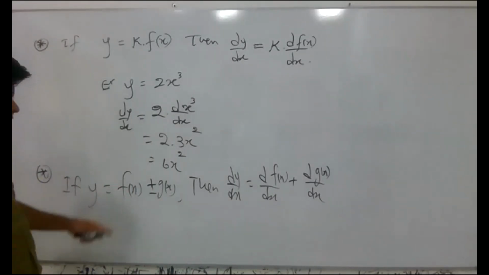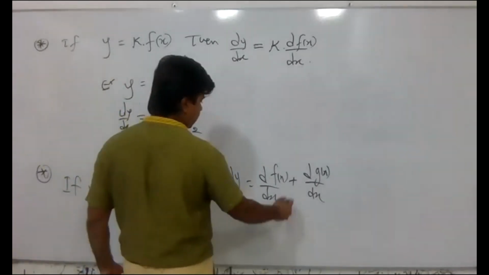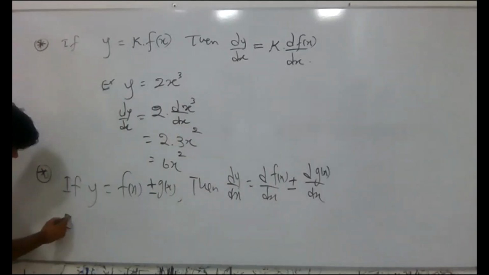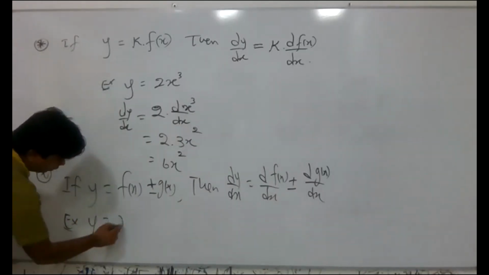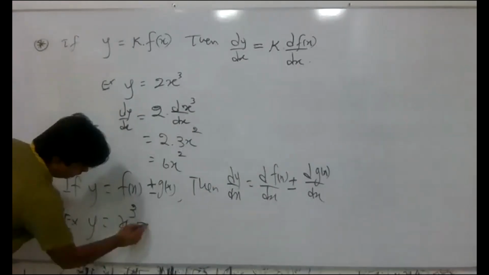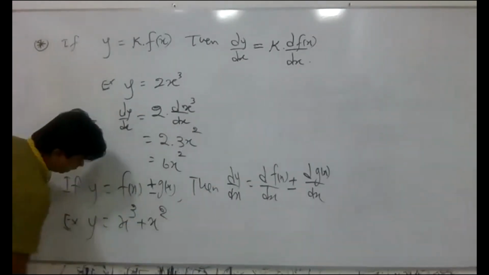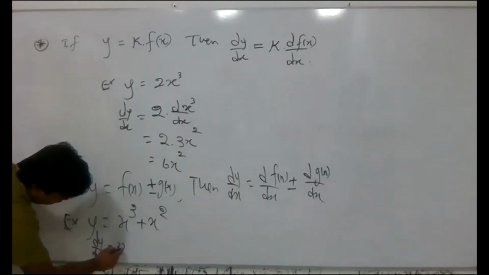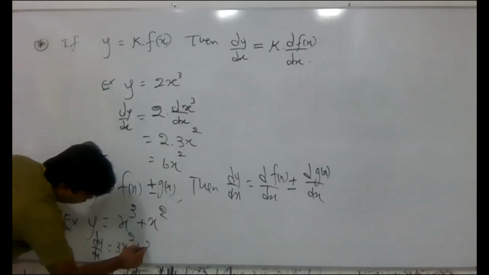Subtraction is a byproduct of addition, so if it's a minus, it also gets minus. Now, as an example, suppose you have x cubed plus x squared. Then dy by dx is 3x squared plus 2x.